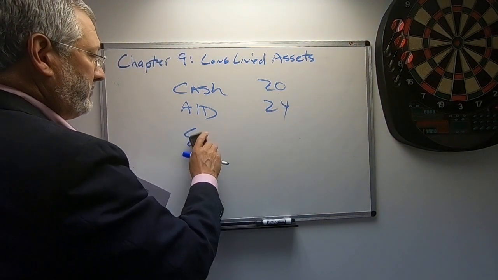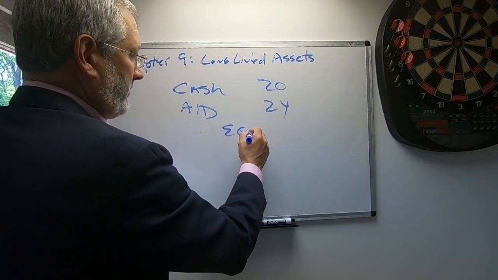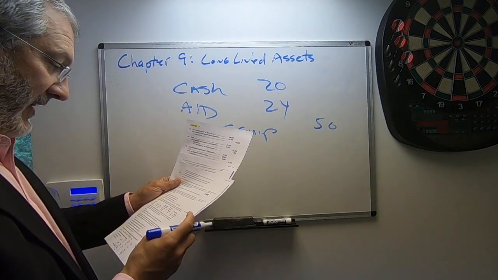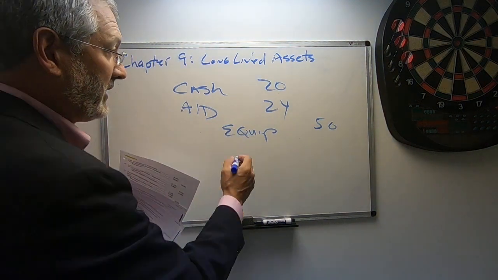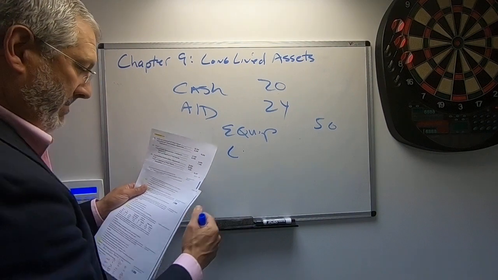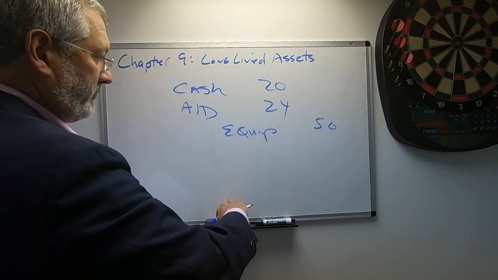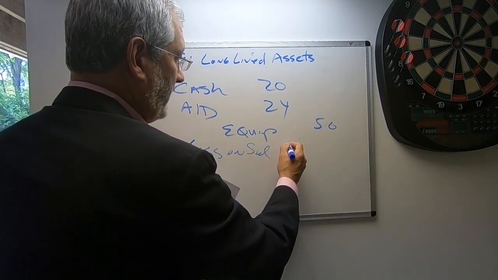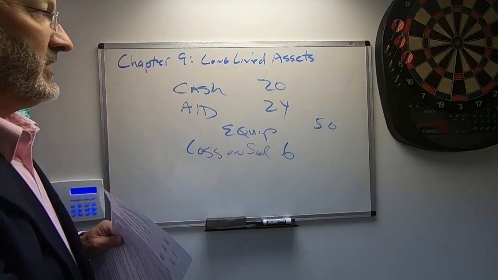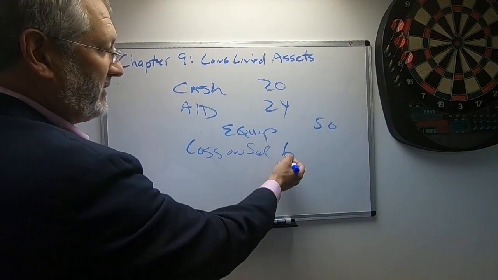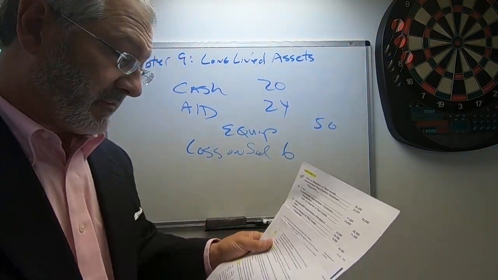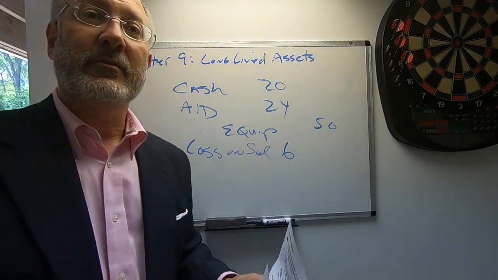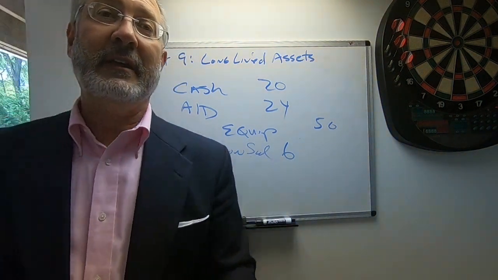Remove the equipment for 50, and now you have a loss, a debit on sale of $6,000, right? 20, 44, 50, and 50. Debits equal your credits. So those are the problems for this chapter. Thank you.